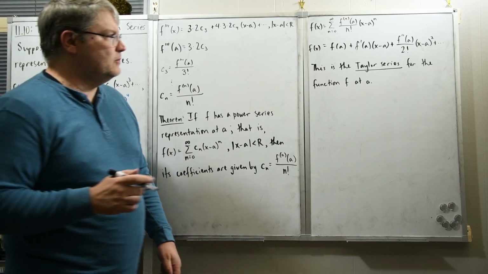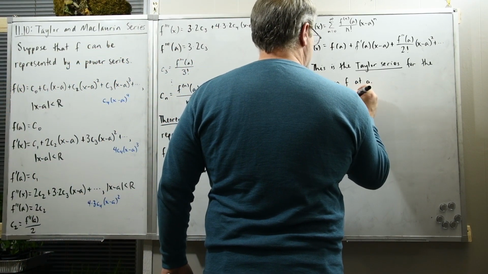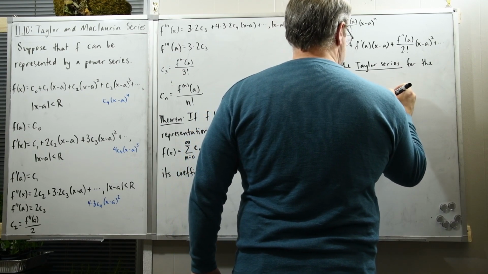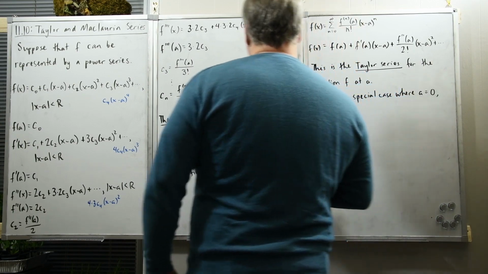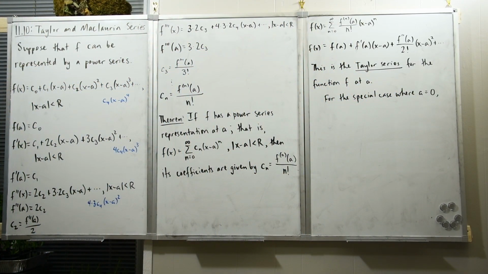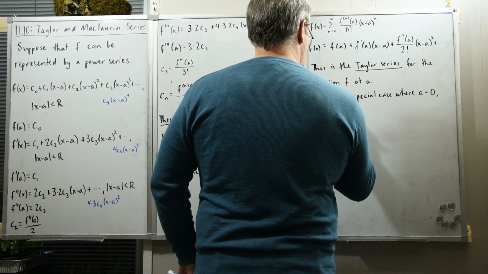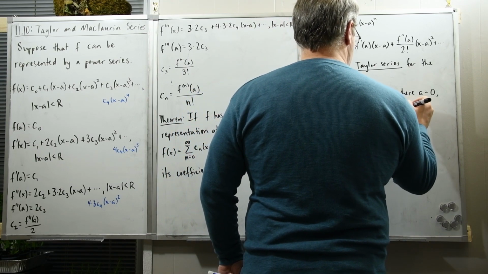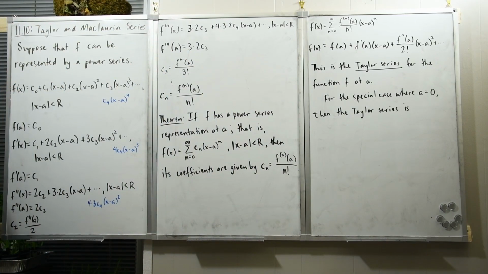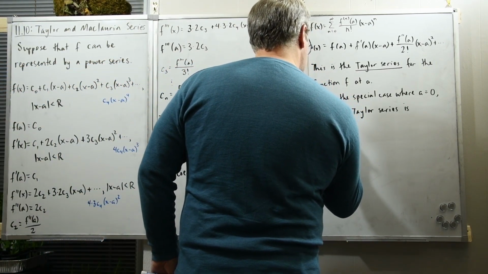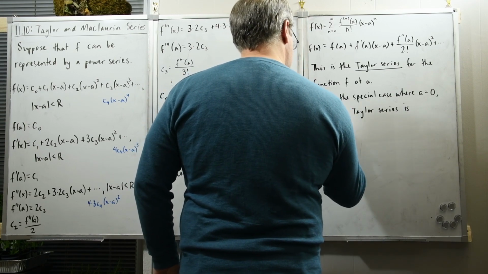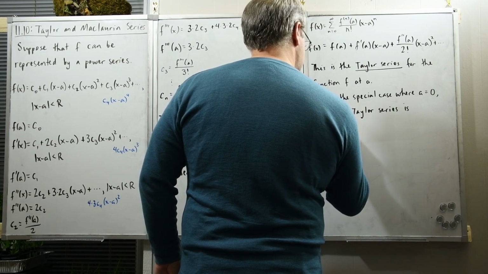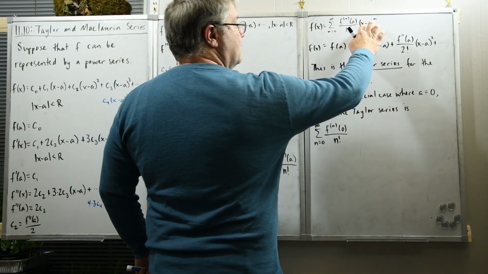Now, for the special case where a is equal to 0, then what we're going to get is f of x is equal to the summation n equals 0 to infinity of the nth derivative of f at 0 over n factorial times x minus 0 raised to the n.